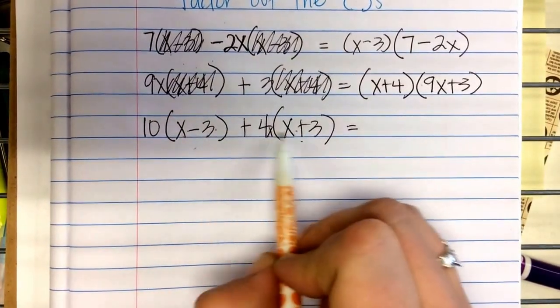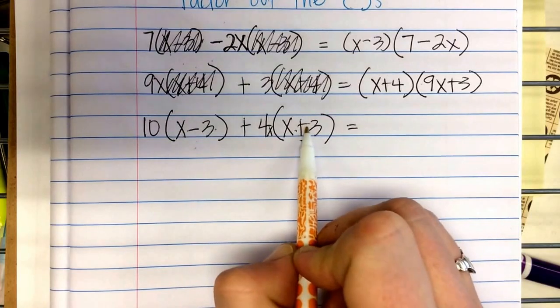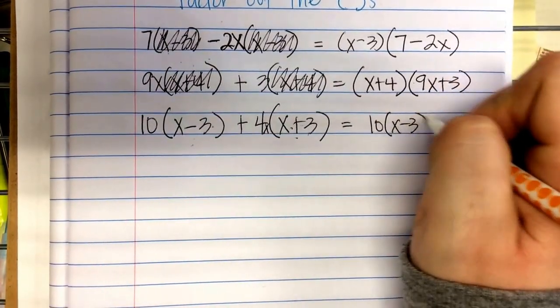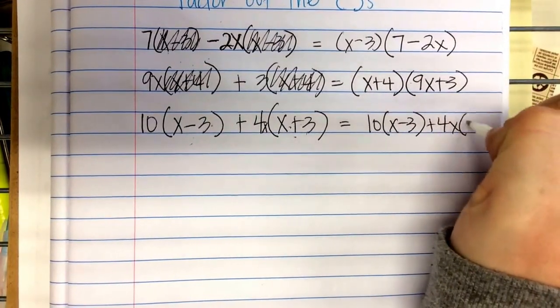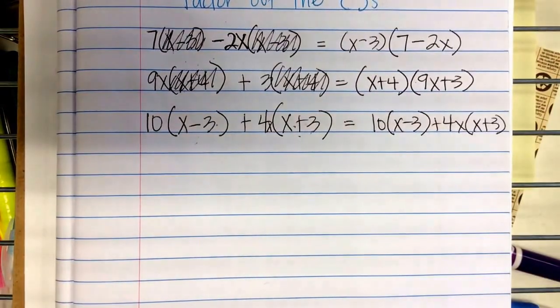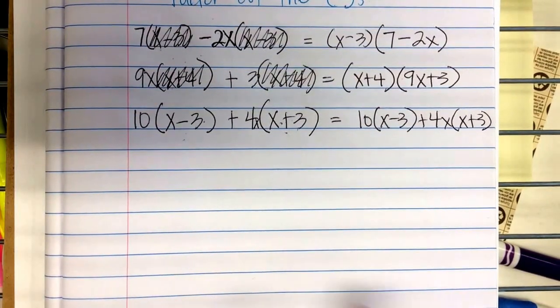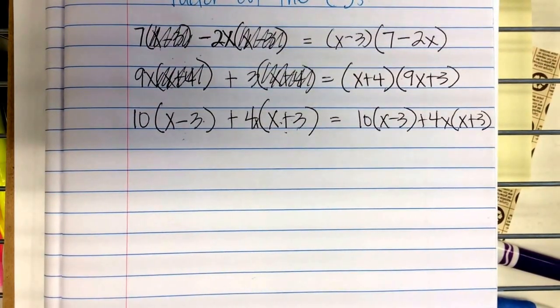Are these the same? No. So your answer, you don't have one. So it's only if it's the same. Only if it's the same parentheses, you factor out what they share. So these are the easy problems.